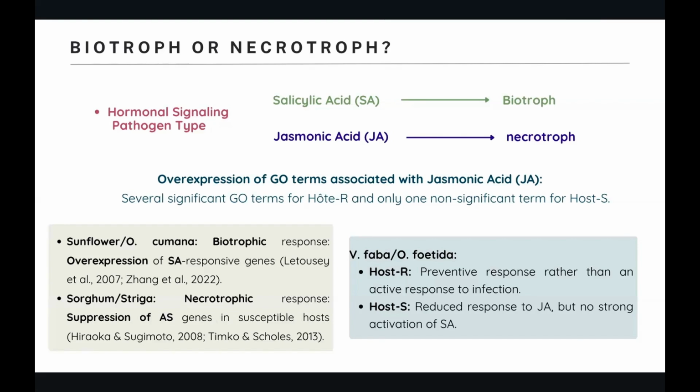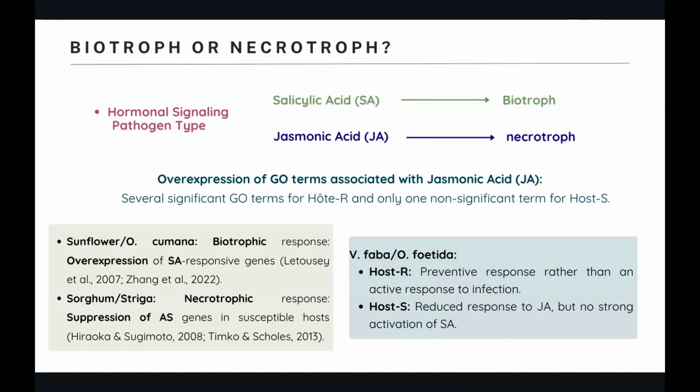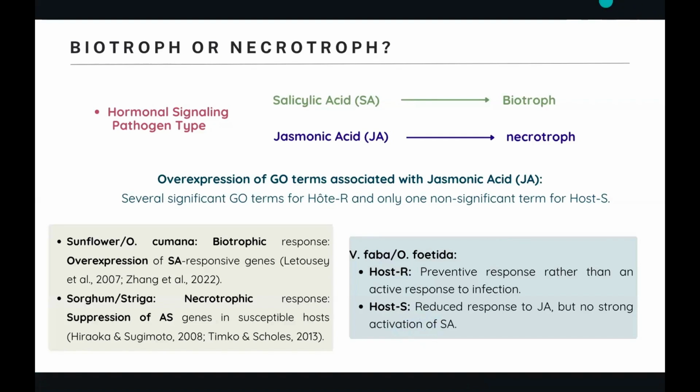However, the absence of Orobanche foetida attachment complicates the interpretation, as this could reflect an effective preventive response rather than an infection-related response. For the susceptible host, the non-significant overexpression of jasmonic acid terms suggests a weakened response, but the lack of significant activation of salicylic acid-related terms does not point toward biotrophic recognition either.